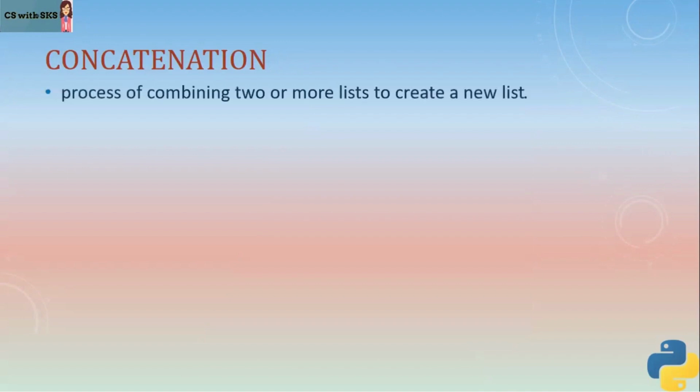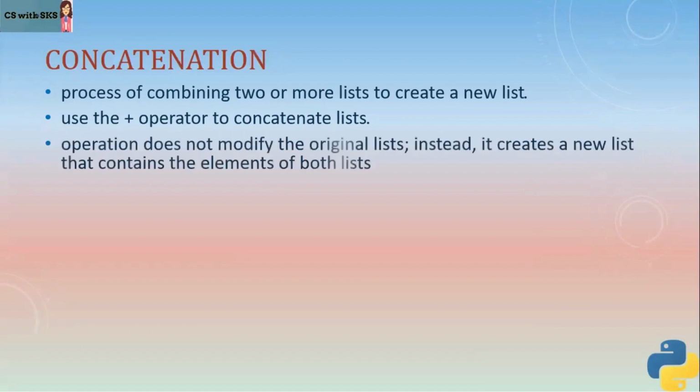Now, concatenation is basically the process of combining two or more lists to create a new list. Simple. Combining two lists, getting a new list. Here, to do so, we use the plus operator. So if you want to concatenate two lists, you'll write list 1 plus list 2, which will give you a new list.